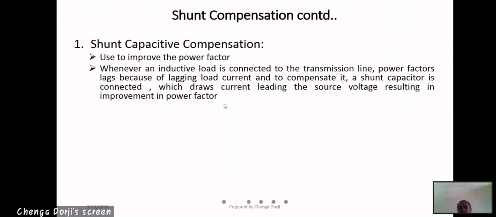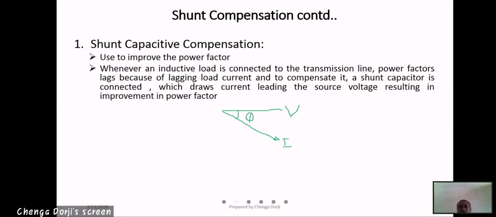If you can see, I'll try to draw it. Suppose this is the voltage V. Now suppose the current is lagging here. This is the current I drawn by the system, which lags behind the voltage by angle phi.